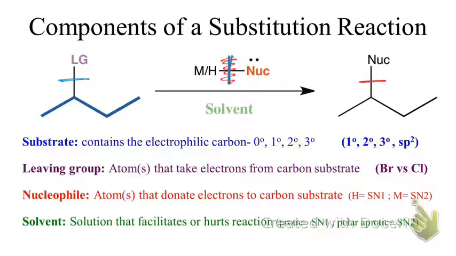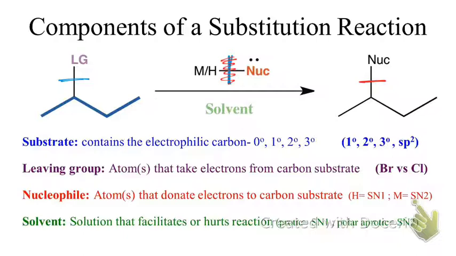The next thing we look at is your nucleophile. That nucleophile must be able to donate electrons to the carbon substrate. I added a little key here. You'll notice in the reaction I've got M and H. M stands for metal. When we have a metal and a non-metal bond, what kind of bond do we have? Ionic. Which would mean what charge would that nucleophile be?